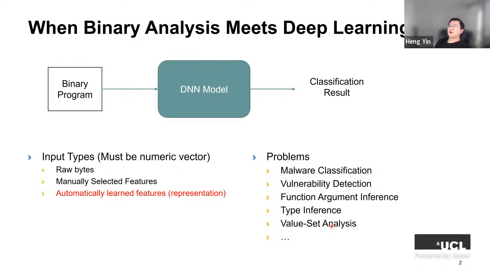Of course, in terms of the problem space, you can use this kind of workflow to tackle all kinds of security problems, such as malware classification, vulnerability detection, and some other reverse engineering tasks, such as function argument inference, type inference, value set analysis, and so on.